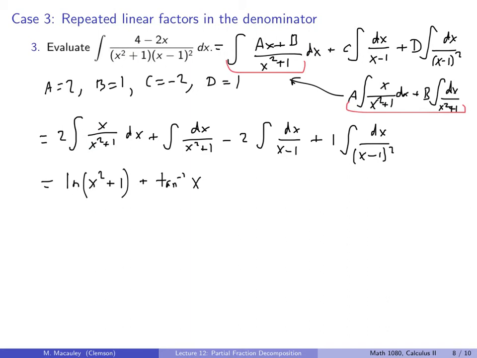That's just one you're supposed to know. When you see 1 over x squared plus 1, you know that's inverse tangent. This next one is 2 natural log of the absolute value of x minus 1.